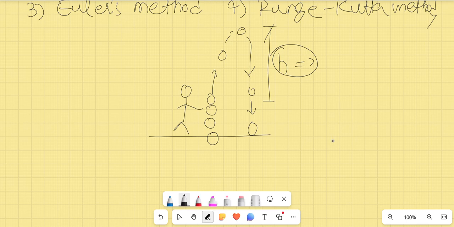It depends on what the initial condition is. Let's say if I throw from this position with the same force, maybe it will attain more height. If I throw from here with the same force, it will attain less height. That is what you should keep in mind: the initial conditions are really important when we solve ordinary differential equations.